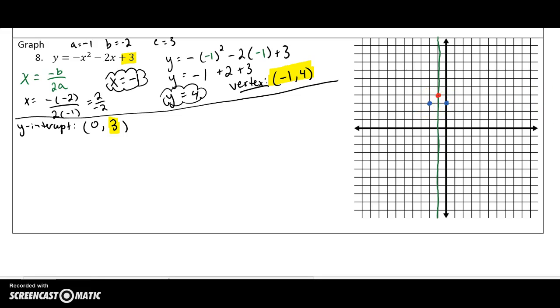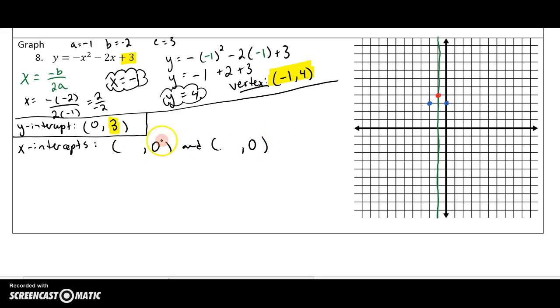All right. Now let's find our x-intercepts. Looks like it's going to happen twice. What I know about my x-intercepts is that those occur when y is 0.